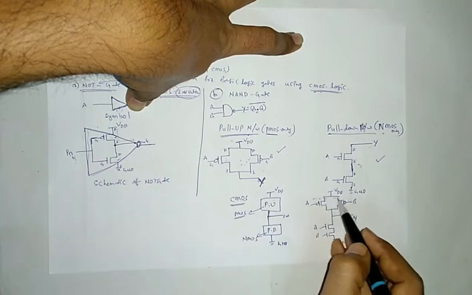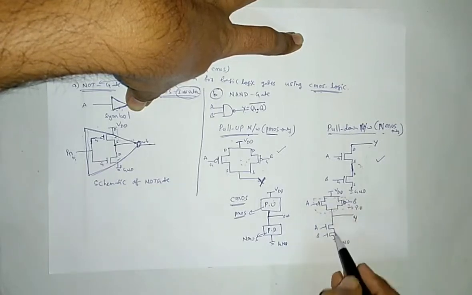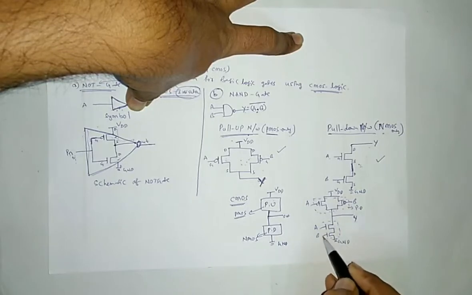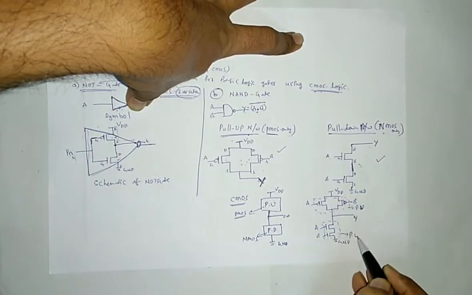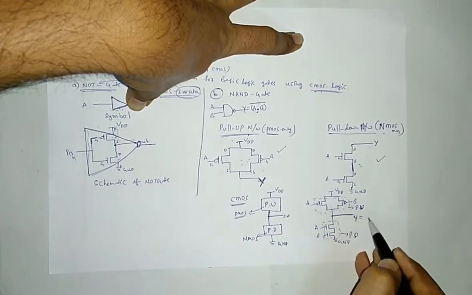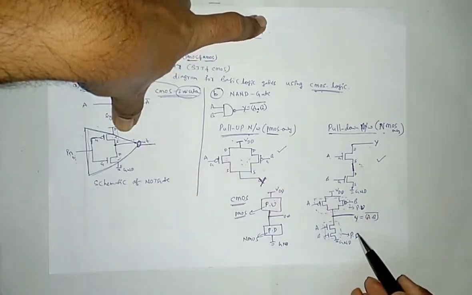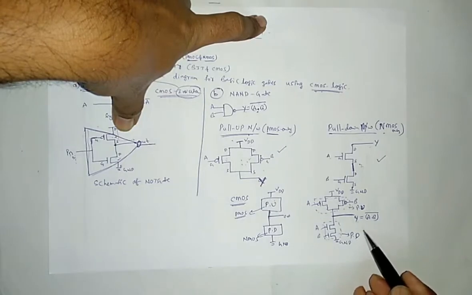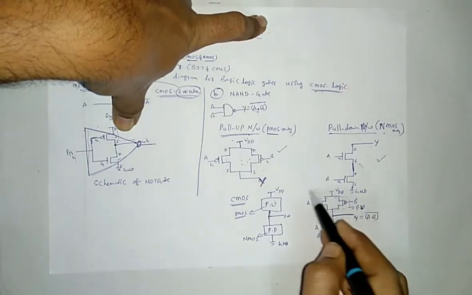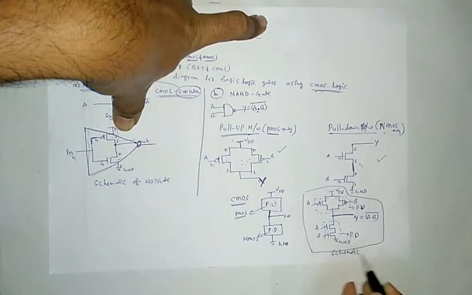So this network is the pull-up network and this is the pull-down network. Here you will get Y equals (A and B) whole bar, right? So like this you can draw the schematic of a NAND gate.